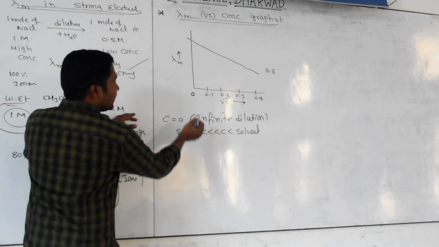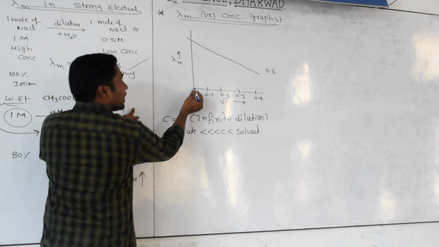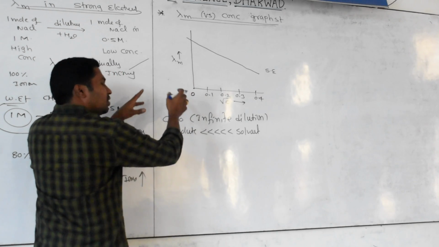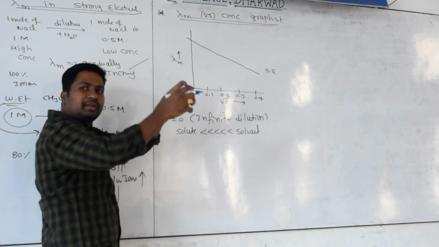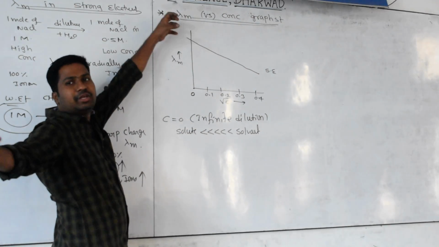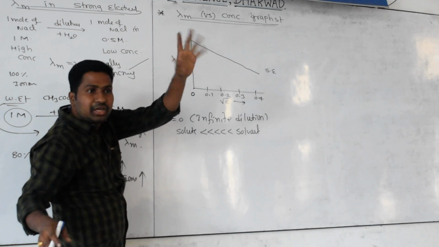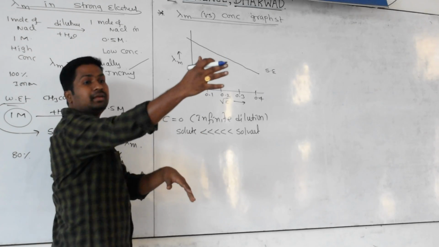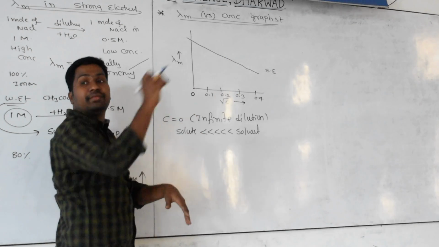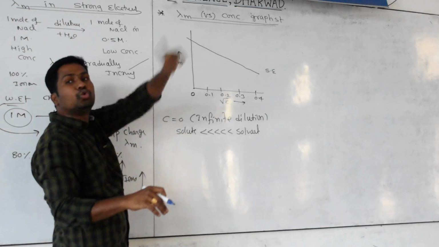Then at almost infinite dilution the concentration is 0. The ions are almost far away from each other, so there is no force of attraction. Then they move randomly and very freely. Moving very freely means carrying conductance will be too much.